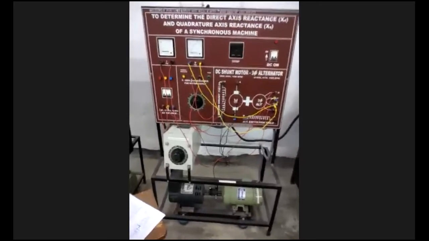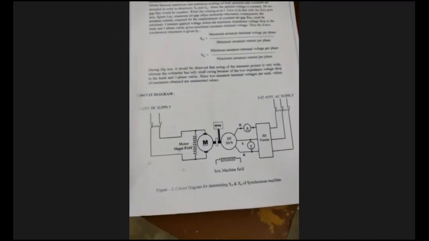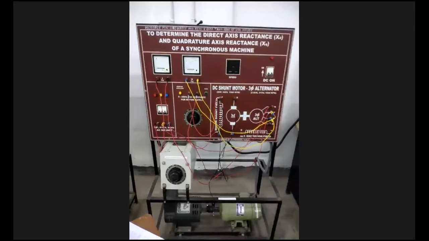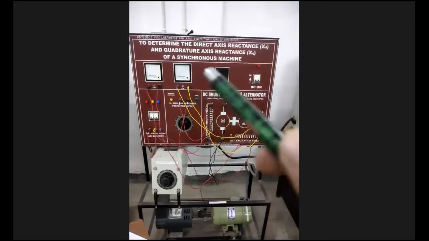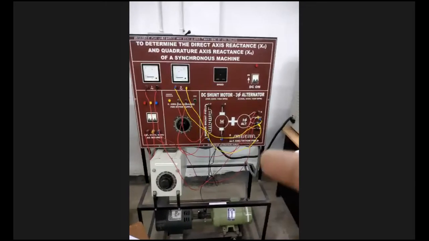We already discussed the theory portion and understood the circuit. In the experimental panel, you can clearly see the name of the experiment: determination of direct axis reactance and quadrature axis reactance of synchronous machine.